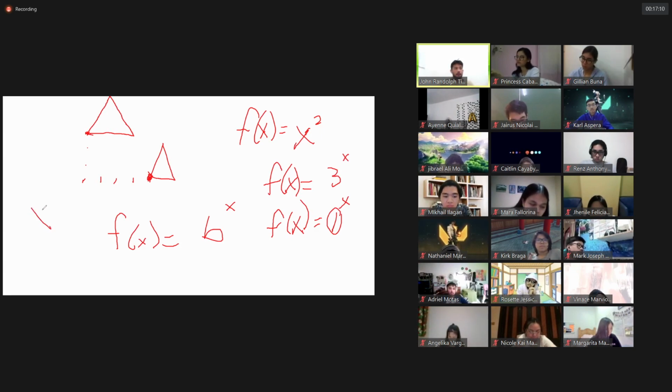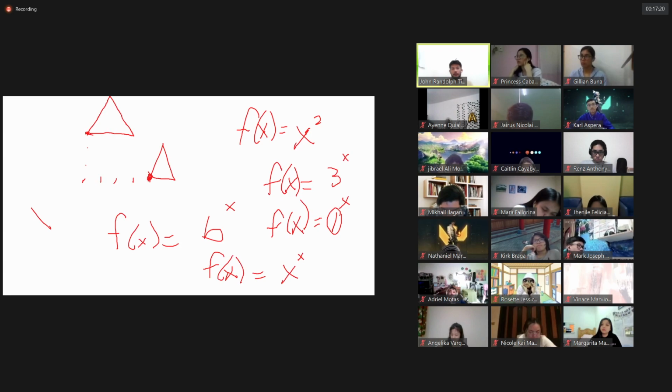Okay, how about, let's just say, f of x equals x to the power of x. Is it an exponential function or not? It's not an exponential function because both the base and the exponent are variable.